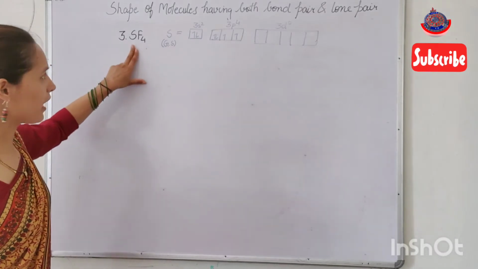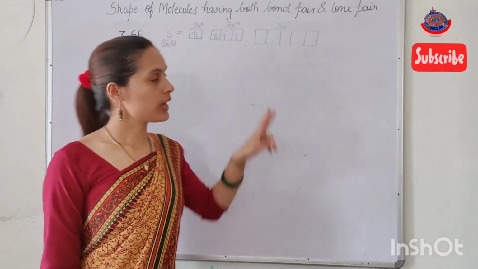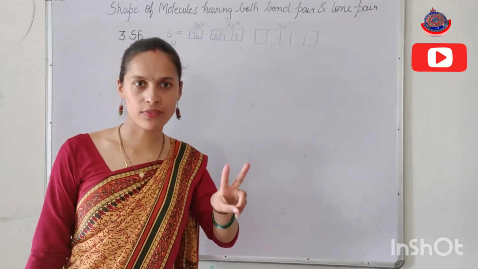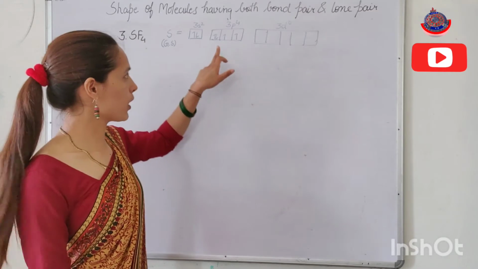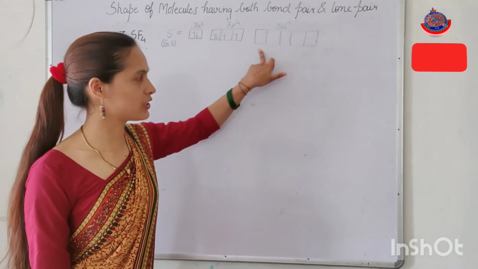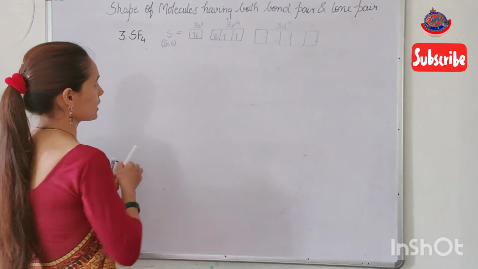Now, how many half-filled orbitals do I want? 4 half-filled orbitals. In sulfur, I have only 2 half-filled orbitals. So, at the time of bond formation, one of the electrons from p will jump to d. So we get the configuration like this.